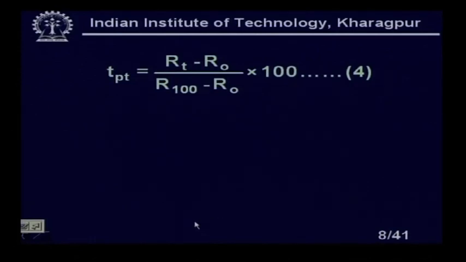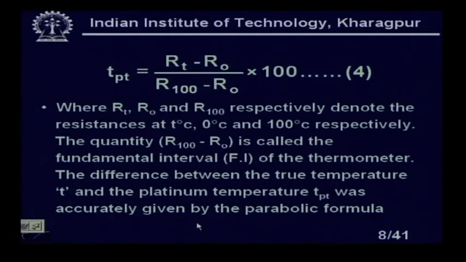This is equation number 4, where RT, R naught and R100 respectively denote the resistances at T degree centigrade, 0 degree centigrade and 100 degree centigrade. The quantity R100 minus R naught is called the fundamental interval of the thermometer.